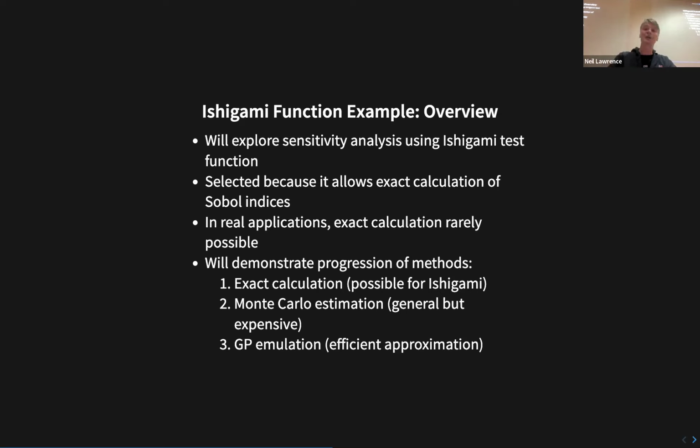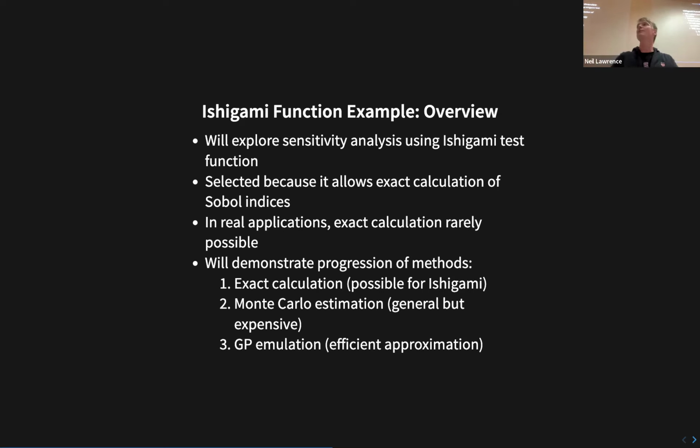What we're going to do in this little walkthrough is demonstrate exact calculation for the Ishigami, and then we'll go to Monte Carlo simulation that allows us to extract and estimate these things just by sampling. Of course, this is a very cheap function to compute, so we can easily do Monte Carlo estimation.